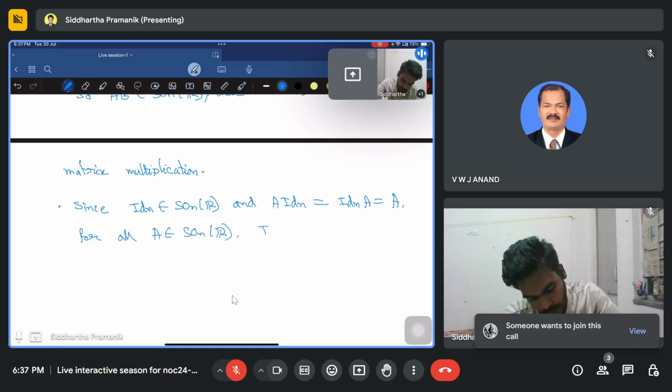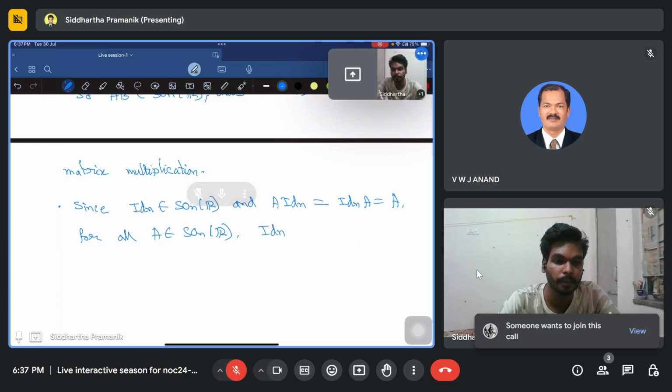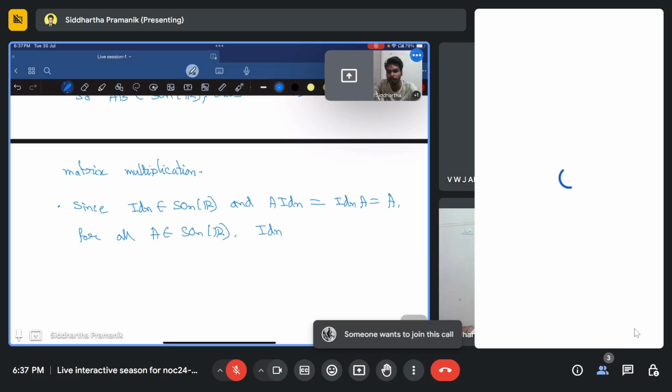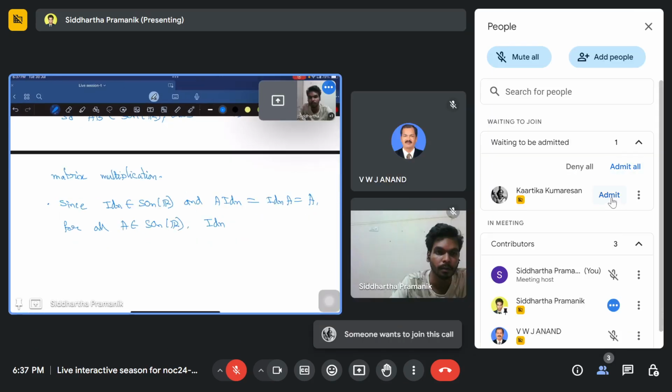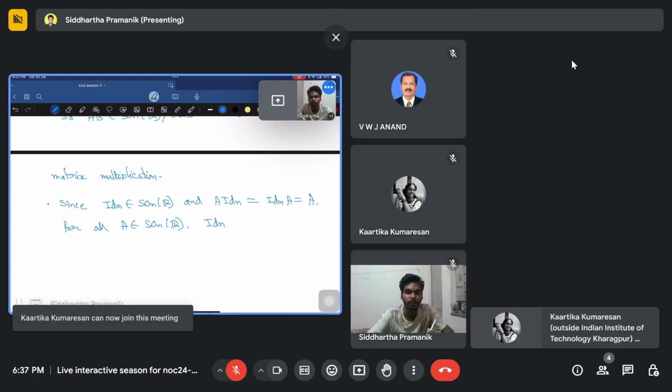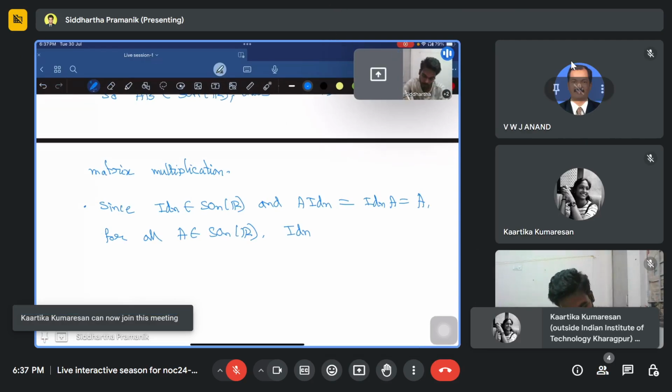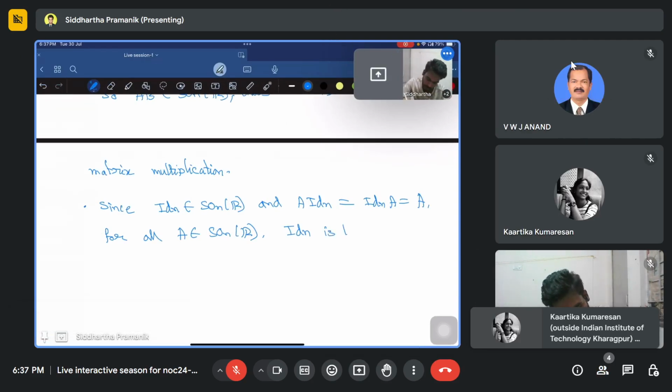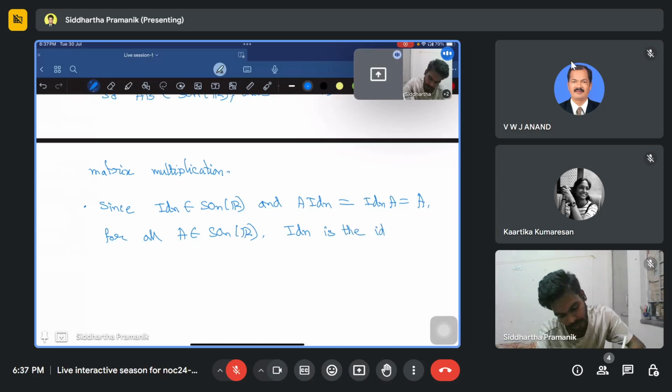So the identity matrix is the identity element for SO(n,R).